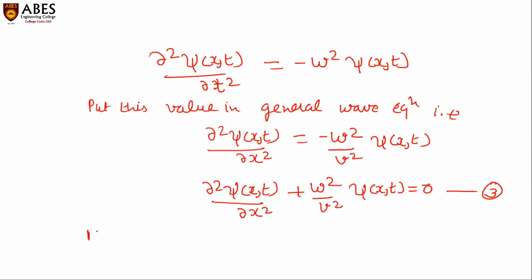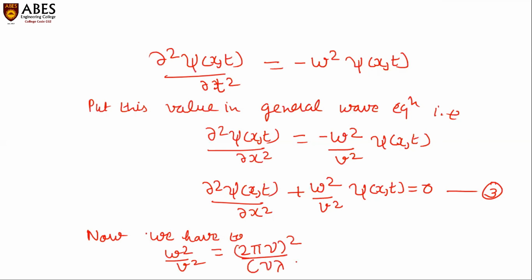Now we have to find the value of omega square over v square. We can write omega as 2 pi nu, and velocity in terms of frequency is nu lambda. So it is 4 pi square nu square over nu square lambda square.